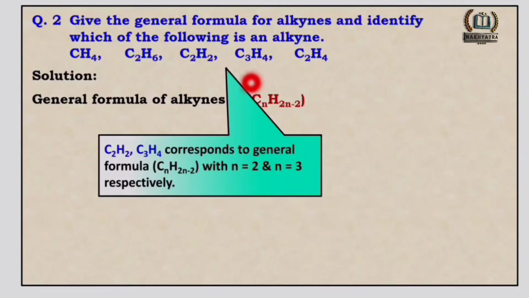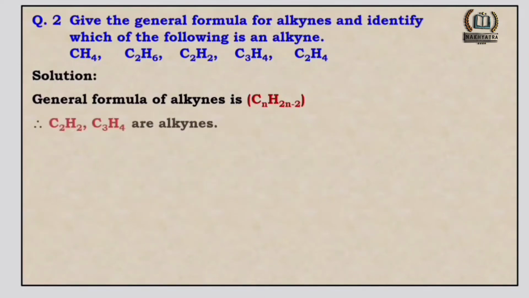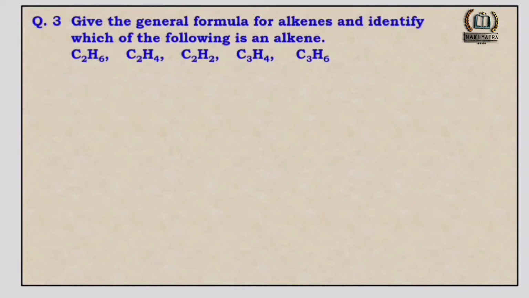We can see that they correspond to general formula CnH2n-2 with n equal to 2 and n equal to 3 respectively. So these are your alkynes. So C2H2 and C3H4 are alkynes. Clear students?